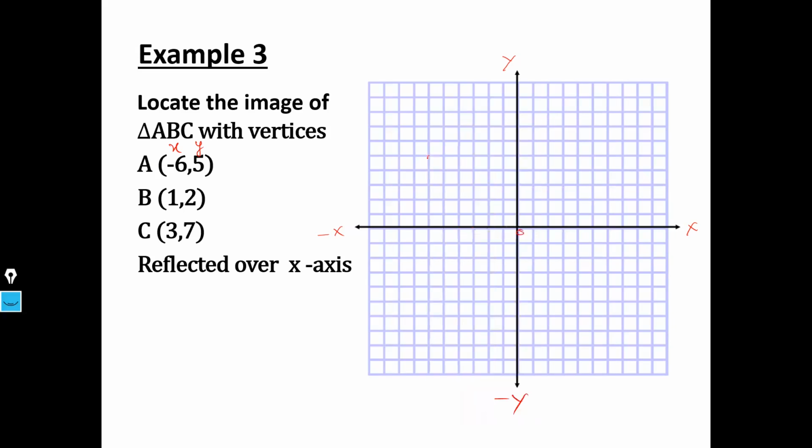So this one is the point A. Then we come to B, x is 1 and y is 2. This one is B. And then C is 3 and 7: 1, 2, 3, then 1, 2, 3, 4, 5, 6, and 7. So this is C.